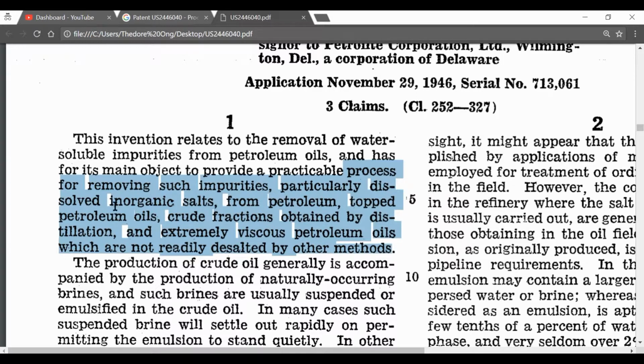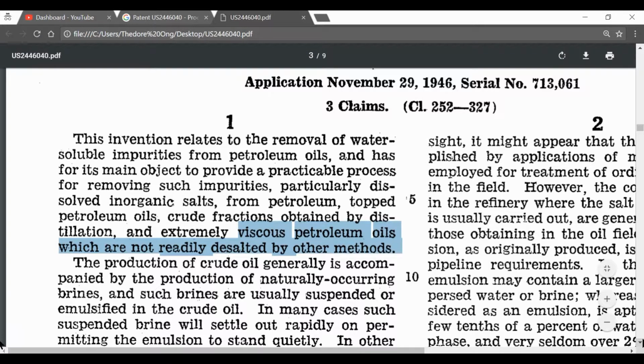This is long residue, topped petroleum oils, crude fractions obtained by distillation. So any of the distillation fractions, and extremely viscous petroleum oils which are not readily desalted by other methods.